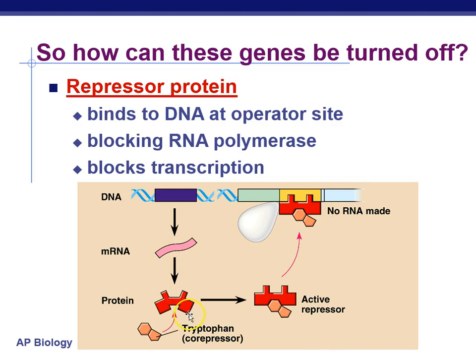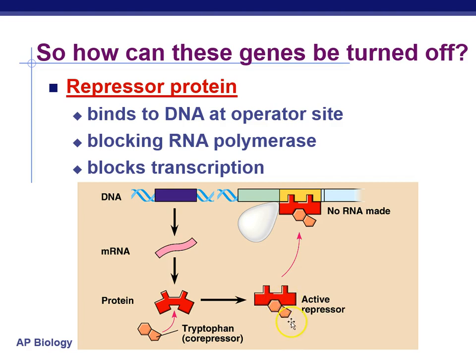If we go further and take a look down here, the repressor protein is in red, and it has a certain shape, and when it's in this shape, it does not fit into the operator, so it cannot block transcription. But when tryptophan is present, tryptophan, this little orange hexagon and pentagon, it binds into the repressor protein, thereby changing its shape.